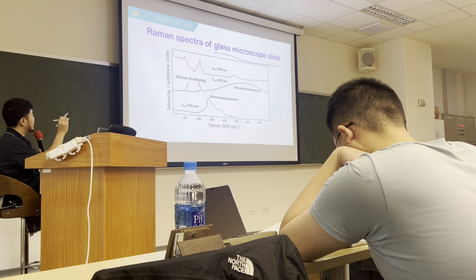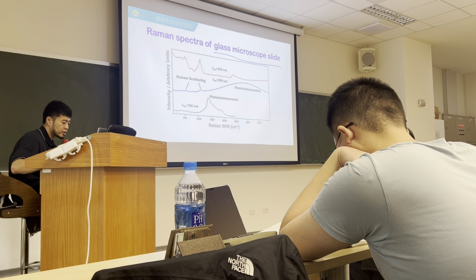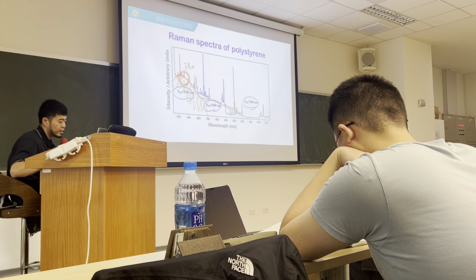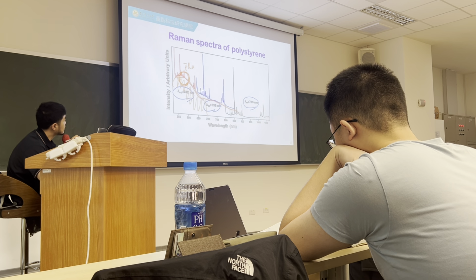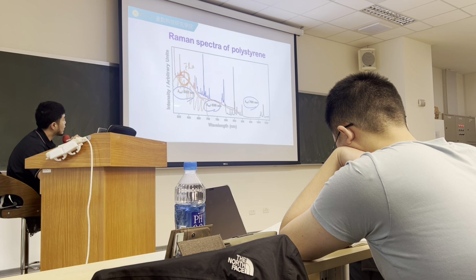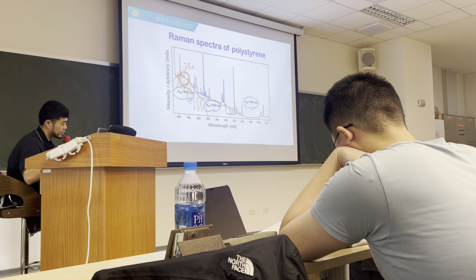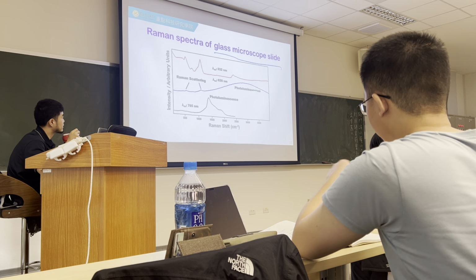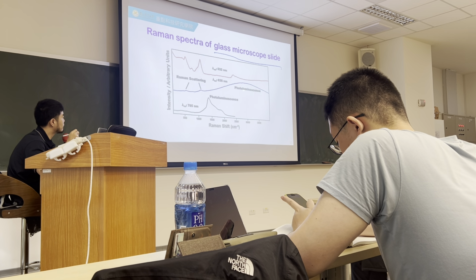So if you plot that for the absolute result, you can know that the fluorescence in that case is different from this case. In this case, the fluorescence is more serious on the low wavelength side, but in that case, the fluorescence is more significant on the high wavelength side.